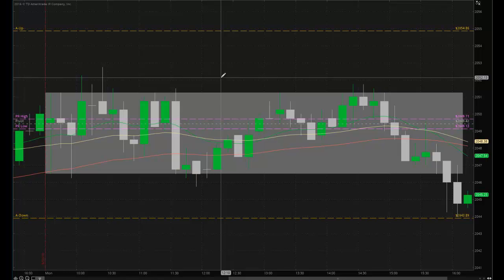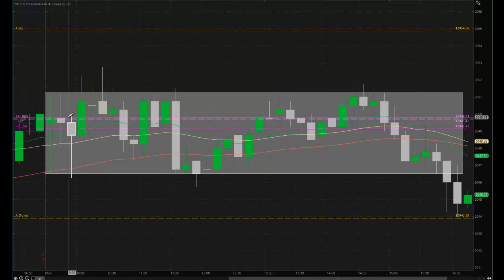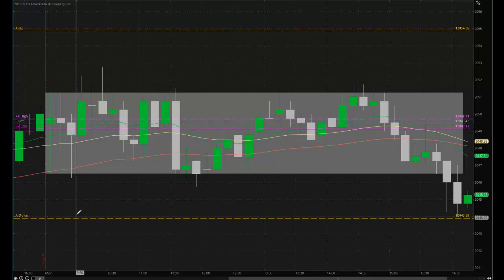And so what Fisher created was a time and price filter for opening range breakouts. Here's our opening range, and the price filters are the A points, the A up here and the A down, these yellow lines.